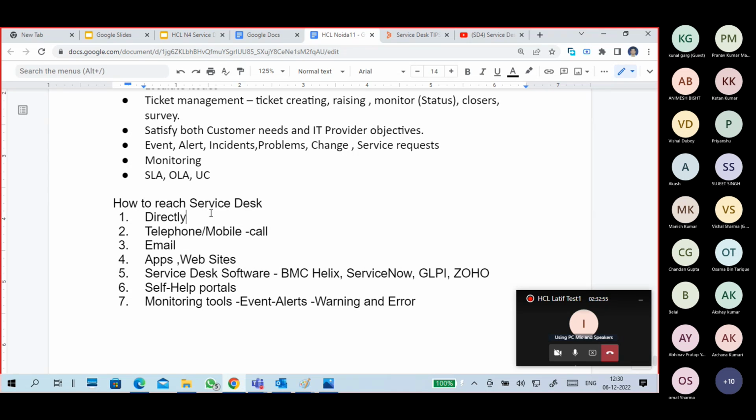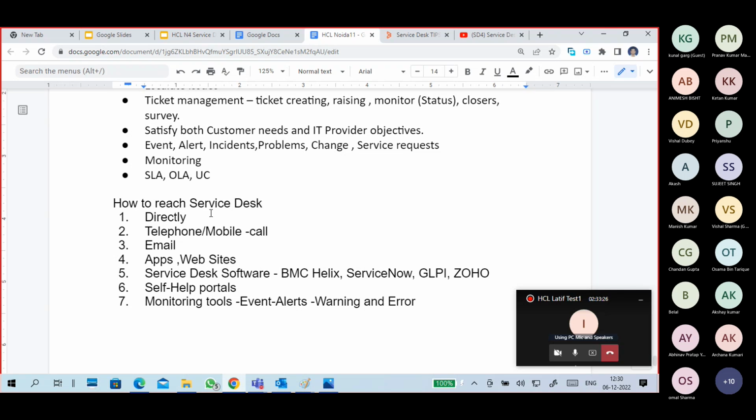Maybe I will call, for example if I'm working from home or from a different organization or location. I will call them and tell them this is the issue I'm getting, or maybe through email. Last time I got an issue with some organization, so I kept sending emails, and then the issue got resolved.